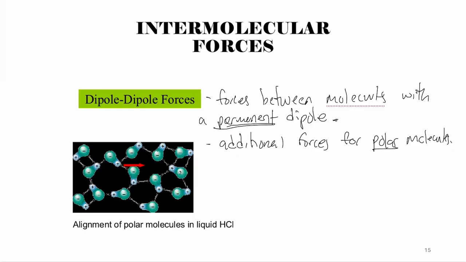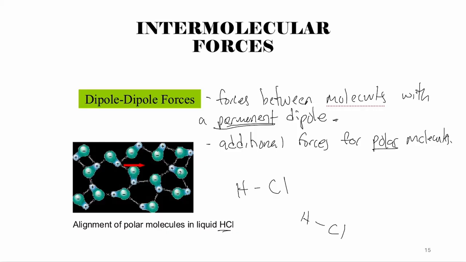We have dipole-dipole interactions. And so what this means physically is that if we have something like HCl, hydrogen chloride gas, which one of these is more electronegative, hydrogen or chlorine? Chlorine, right?